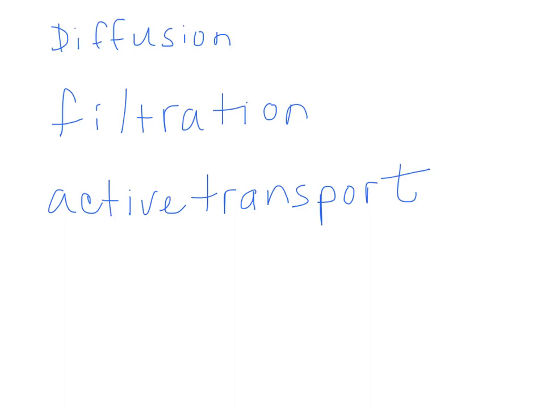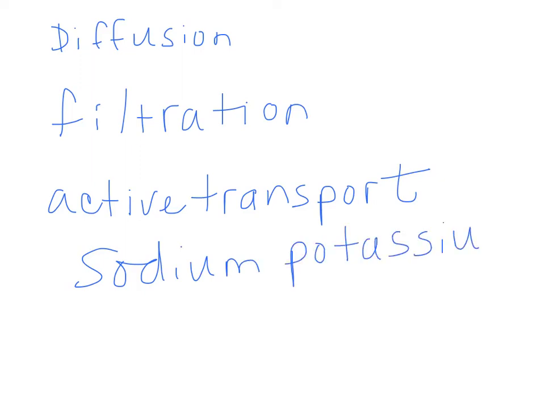So it requires energy from ATP and a carrying mechanism to maintain that higher concentration. So we have to have some energy to maintain that higher concentration of a substance on one side of the membrane than the other. So we need more force on one side than the other or we can't maintain that balance. So an example of active transport is the sodium potassium pump. They have to work together to maintain a balance.